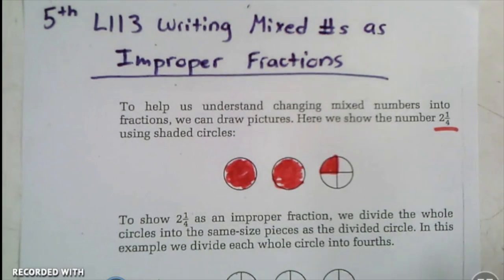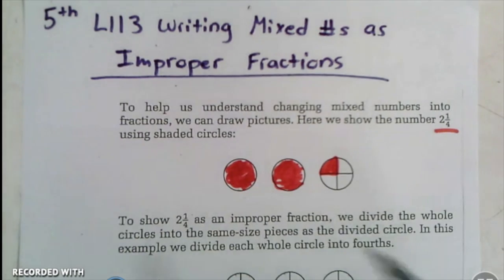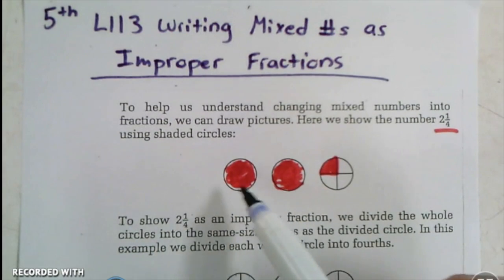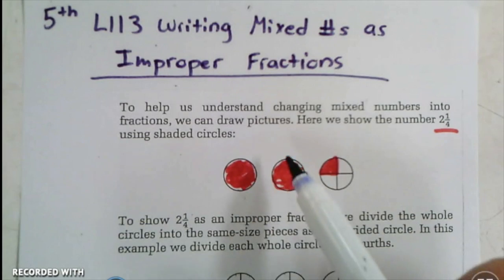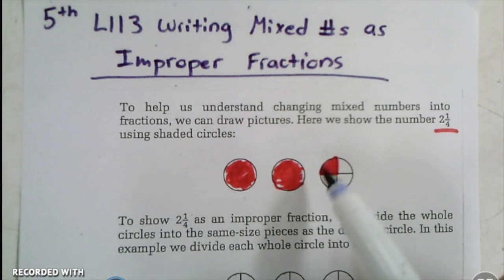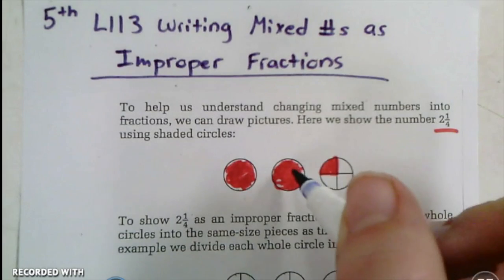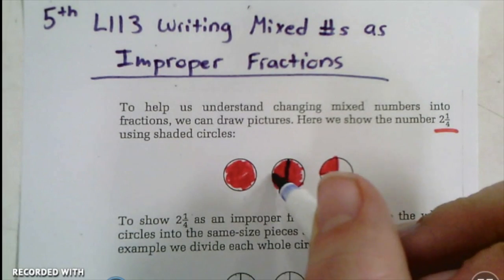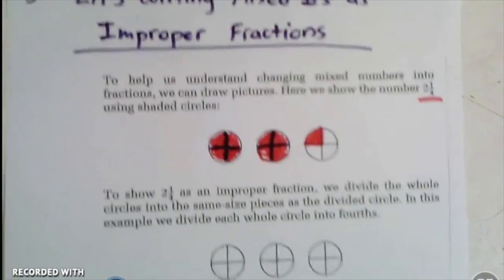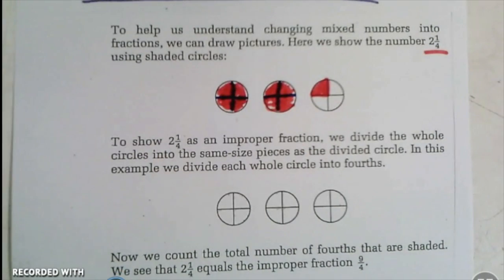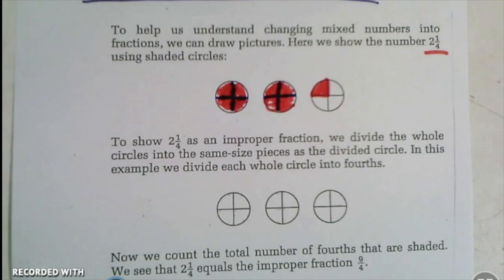When we want to write this as an improper fraction, what it's really asking us to do is to divide the whole circles into the same partitions as our fraction here. So since this is fourths, I divided the circles into fourths. So to show 2 1/4 as an improper fraction, we divide the circles into the same size pieces as the divided circle.